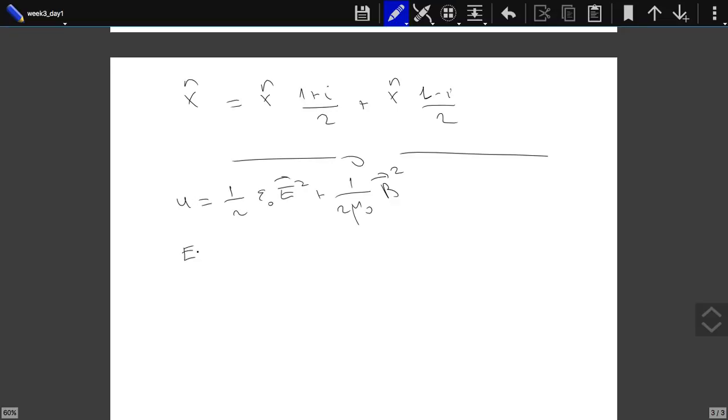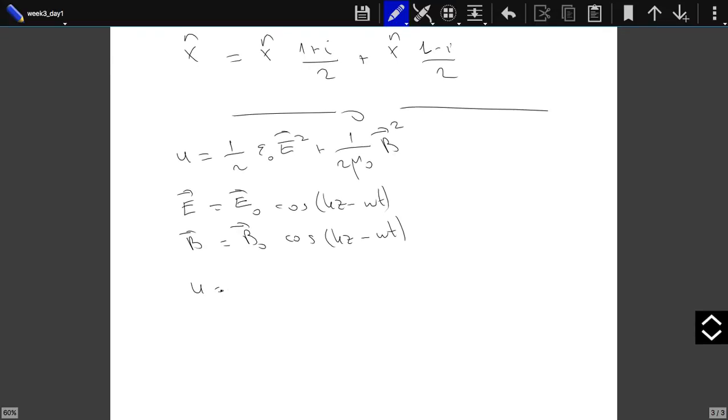And for the case of linear polarization, we know that the physical electric field is nothing but E0 times cosine(kz minus omega t), and the B field is B0 times cosine(kz minus omega t). And if you just put in over there, the energy density is 1/2 epsilon 0 E0 squared plus 1/2 mu 0 B0 squared times cosine squared(kz minus omega t).